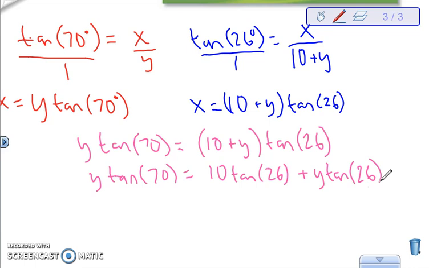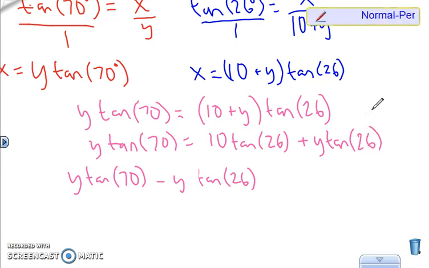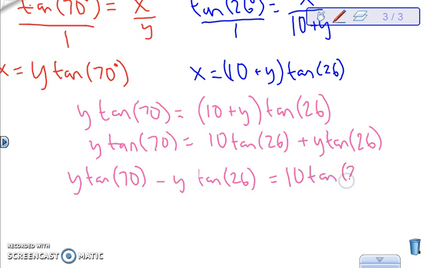It's just a number, so we're just going to treat it like a number. I know I want my y's on the same side, so I'm just going to subtract it over. So y tangent of 70 minus y times the tangent of 26 is equal to 10 times the tangent of 26.